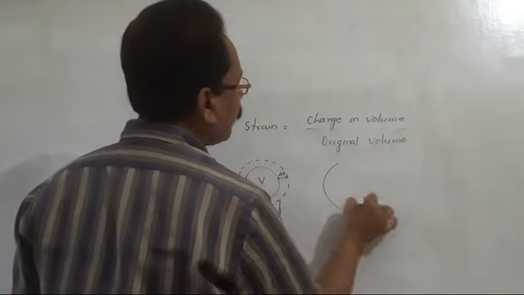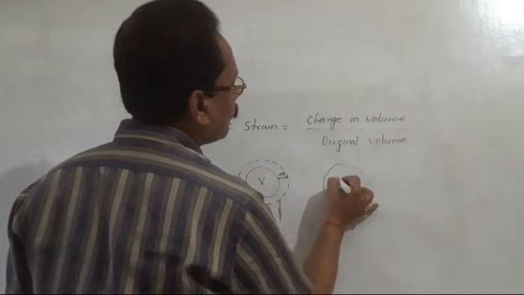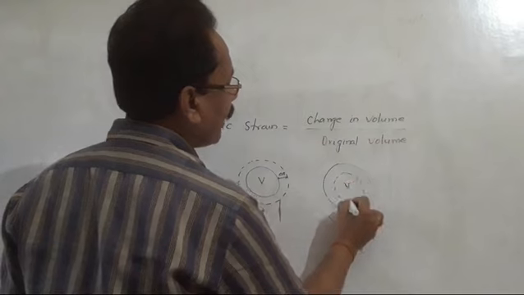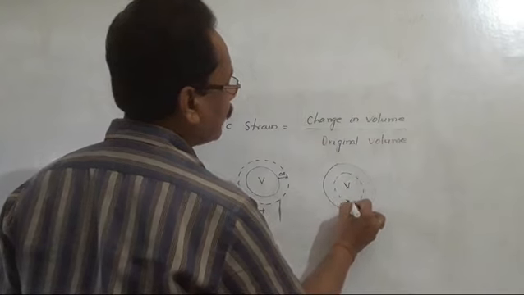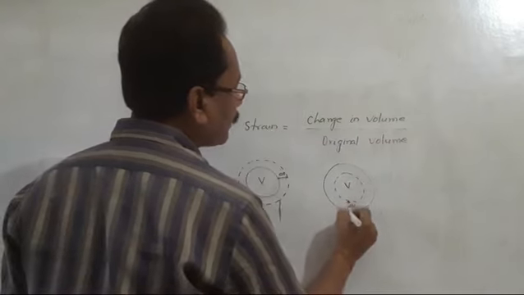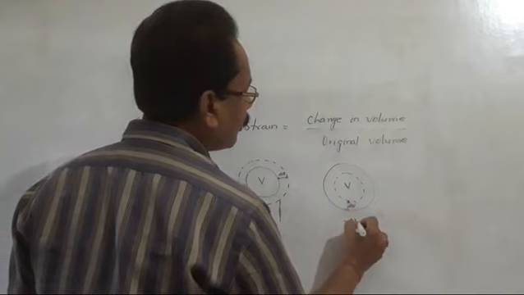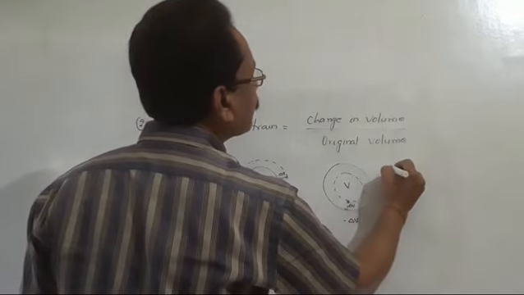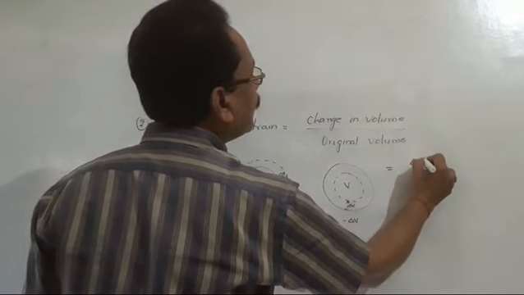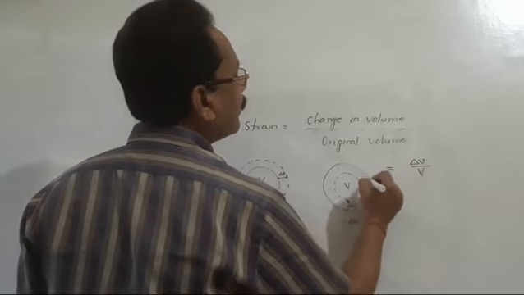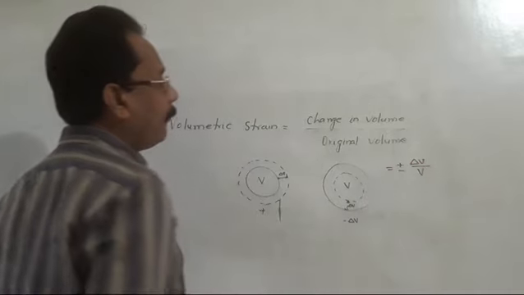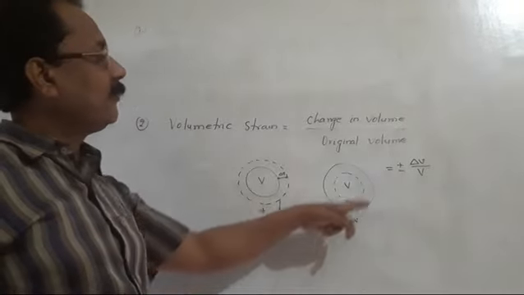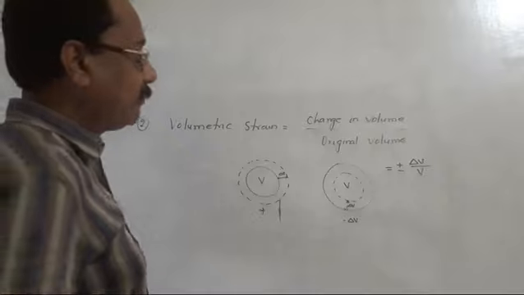And if we take some air from it, its volume decreases, and the change in volume is del V. So volumetric strain is equal to del V by V. It may be plus or minus. Positive sign shows that it is increasing, and negative shows it is decreasing.